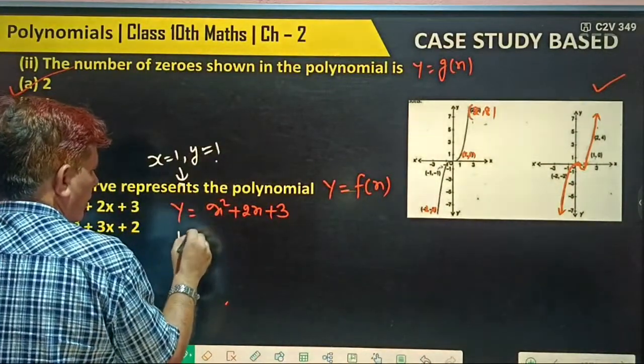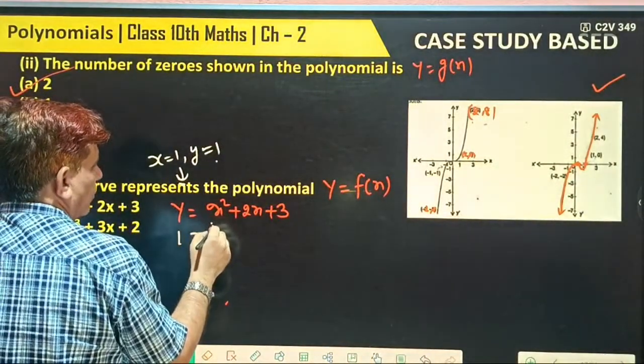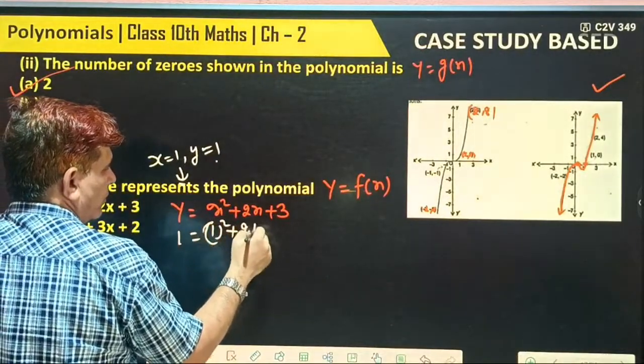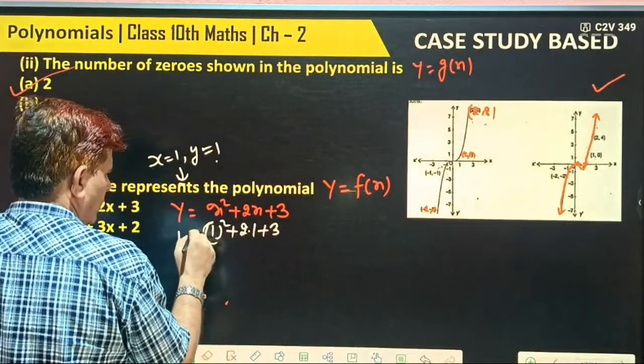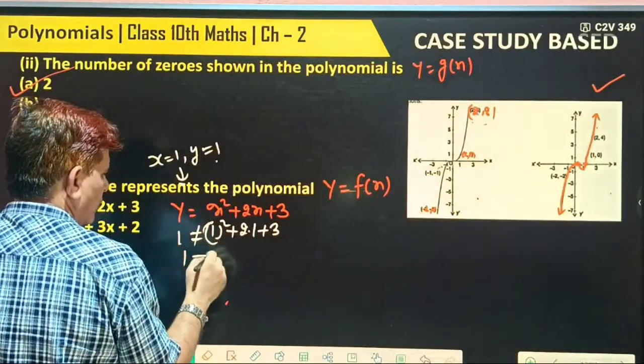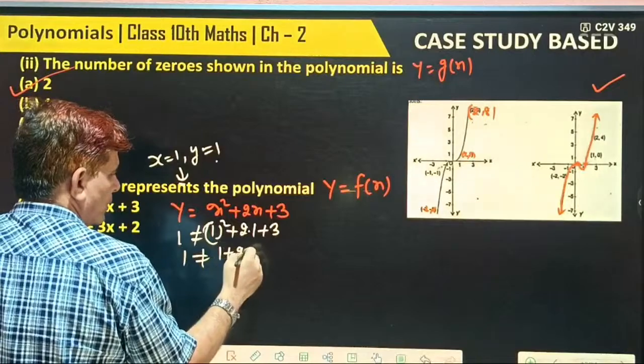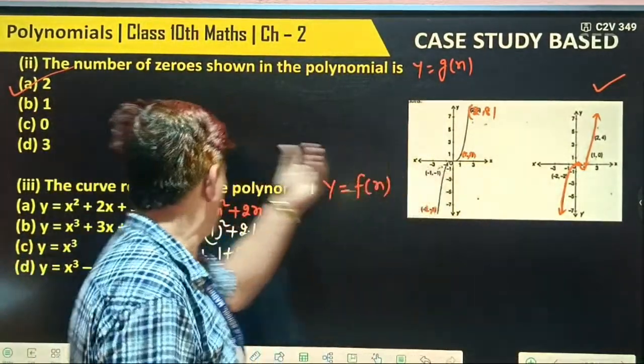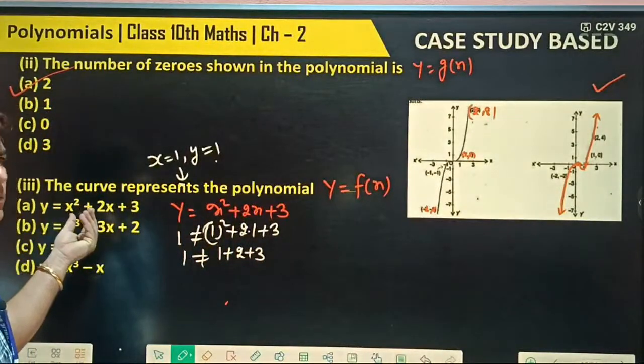In place of x, 1 square plus 2 into 1 plus 3. So 1 is not equal to 1 plus 2 plus 3. So this graph is not of this polynomial.